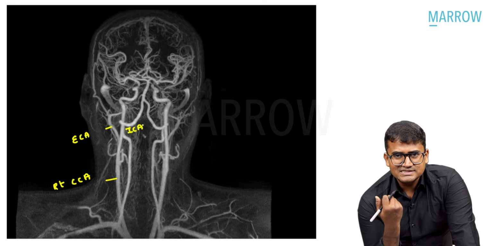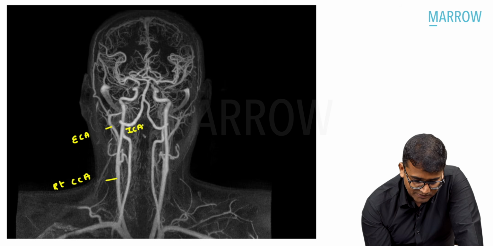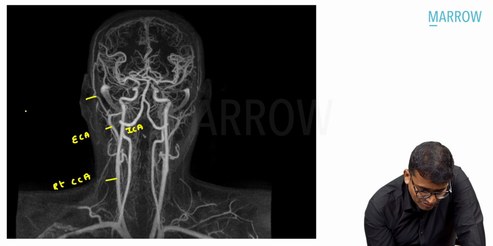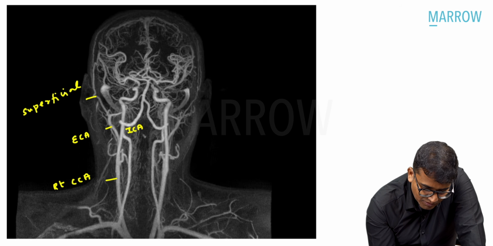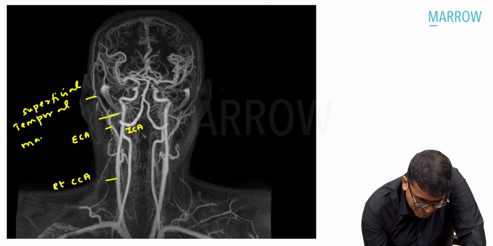Now, external carotid is giving the 2 terminal branches at the level of neck of mandible. So, this is your superficial temporal artery, and this one is maxillary artery.